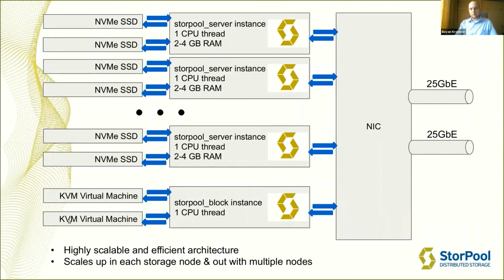So from a KVM virtual machine, if you submit, for example, a read operation, that operation goes through the StorPool initiator, the network interface card, the StorPool server instance, the NVMe drive, and the data gets back without a single context switch. And the result is, depending on the speed of the network and the speed of CPUs, we can read data from an NVMe device, which is remote, in between 70 and 100 microseconds.